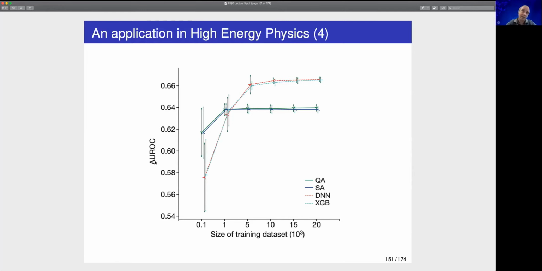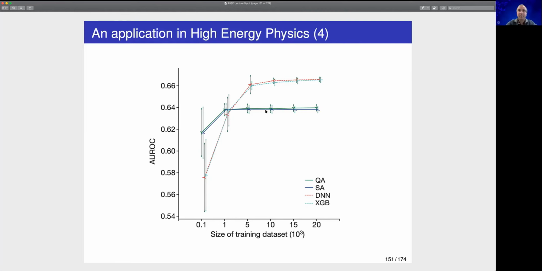This is the area under the receiver operator characteristic curve. I'm not going to explain in detail what this is, but the higher this value, the better the classification, okay? So you see here that for quantum annealing and simulated annealing, that is a method that we are also going to use and explain in a minute.